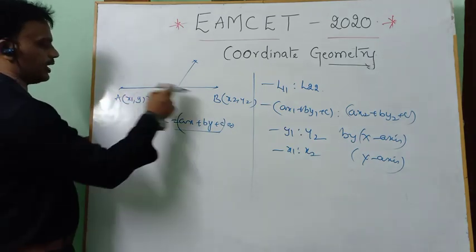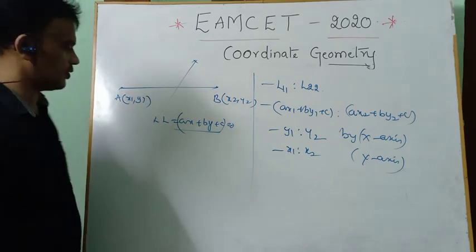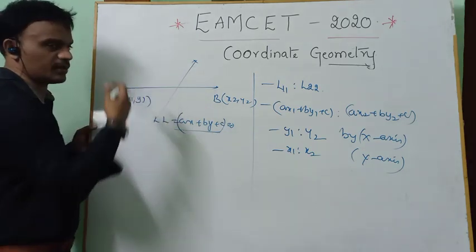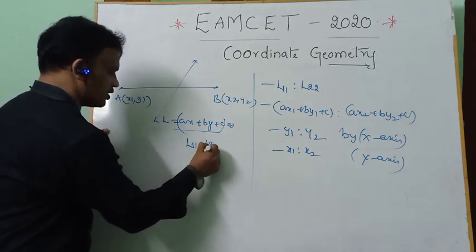When the 2 points lie on the same side, what is the position of the 2 points with respect to the line? That is based on L11 and L22.